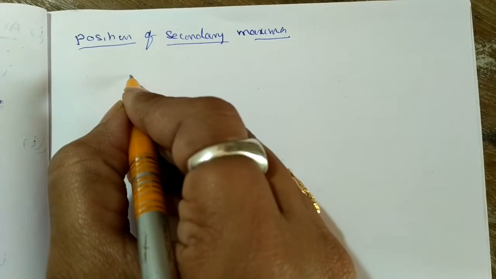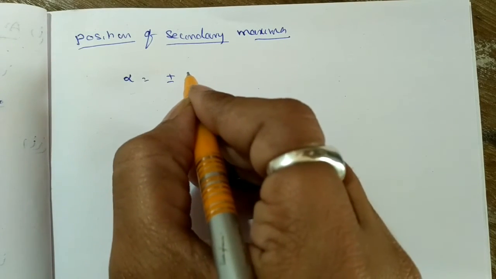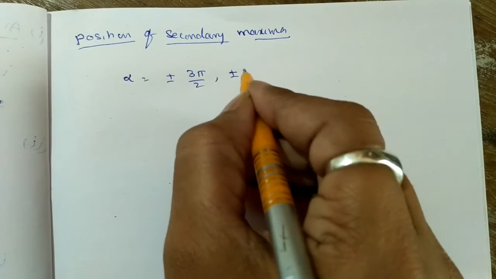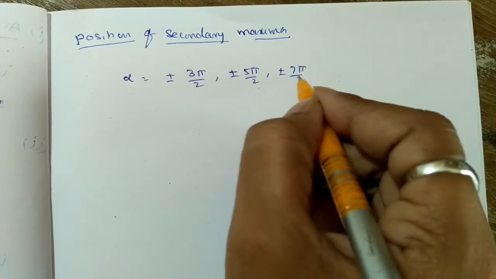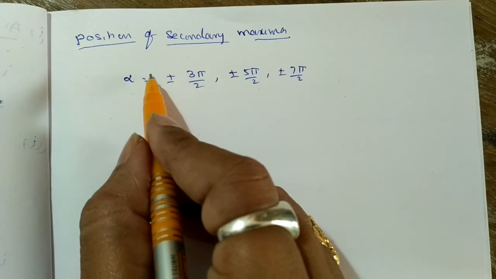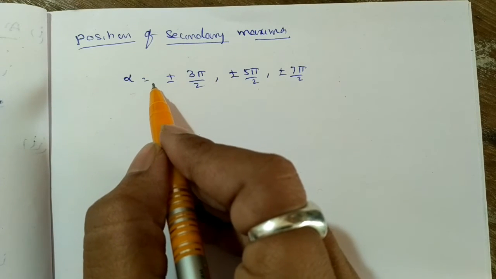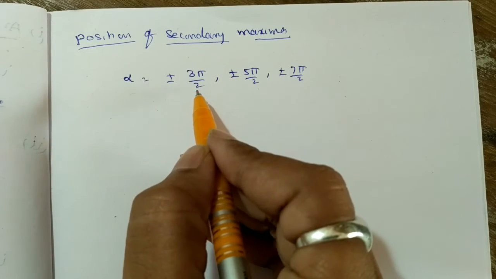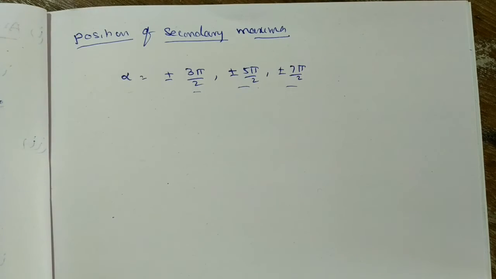So the position will be alpha is equal to, as already solved in the single slit experiment, 3 pi by 2 and plus or minus 5 pi by 2, plus or minus 7 pi by 2. Pi by 2 won't come because this pi by 2 is mixed with the central maxima. So after the central maxima only, it gives different secondary maxima intensities.